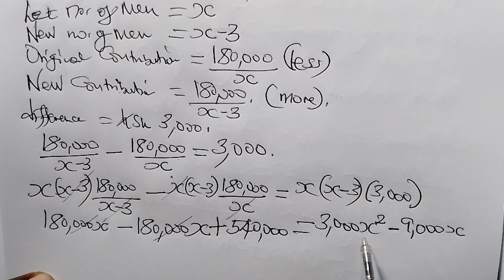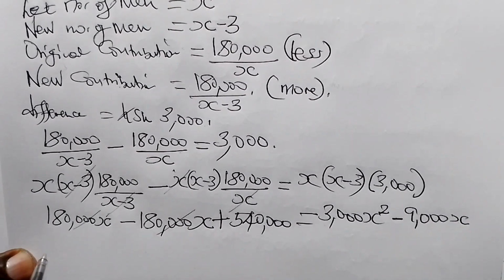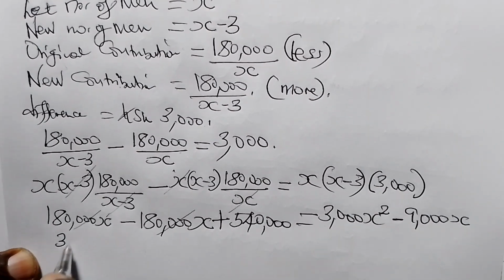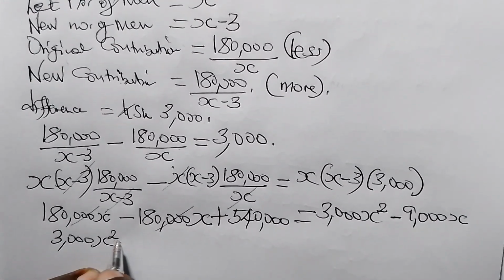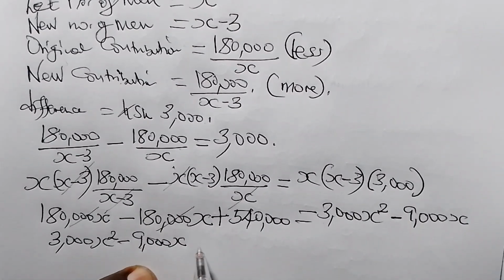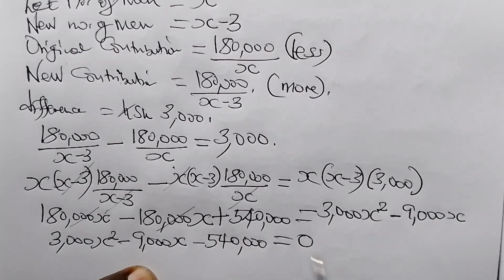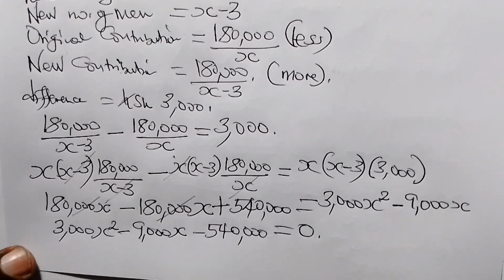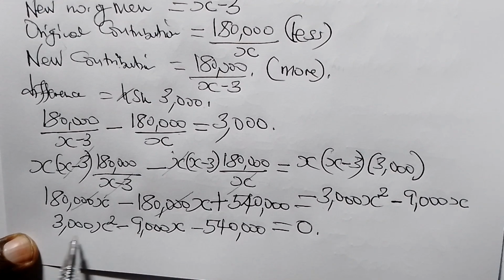starting with the highest power of x. We subtract 540,000 from both sides, so we are going to have it in this form: 3,000 x squared minus 9,000x minus 540,000 is equal to 0. And then we can divide every term by 1,000.